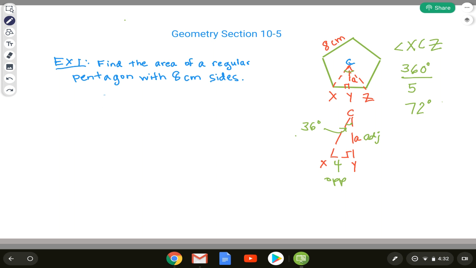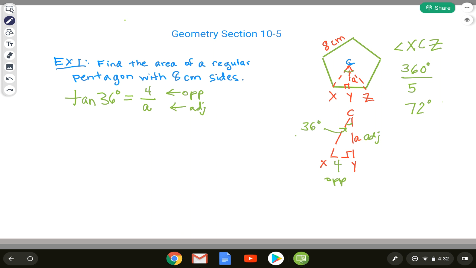So I can set this up as tangent of 36 degrees is equal to the opposite side, which has a measurement of 4, over the adjacent side, which we're calling A, as the apothem. Just as a reminder, this is opposite over adjacent.